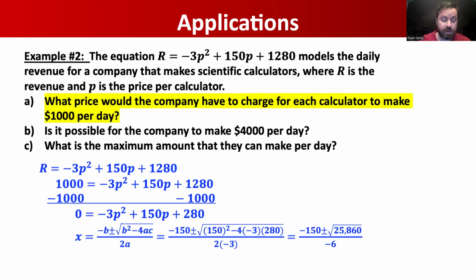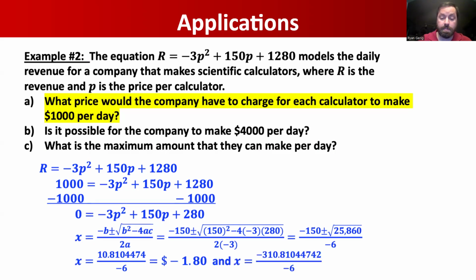So negative 150 plus 160.8 is 10.8 divided by negative 6, which is negative 1.80. And notice the dollar sign there. X, or P here, is representing a price for the calculator. And then negative 150 minus 160.8 is negative 310.8 divided by negative 6, which is 51.80.